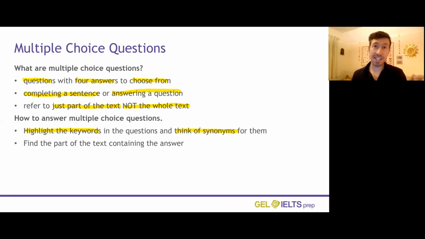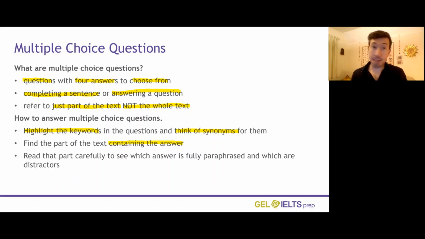Once you've highlighted the keywords and you've thought of synonyms, you need to find the part of the text containing the answer. So you quickly look for it and you go, okay, I think the answer is in here. When you've found that part of the text, you need to read that part carefully to see which answer is fully paraphrased.